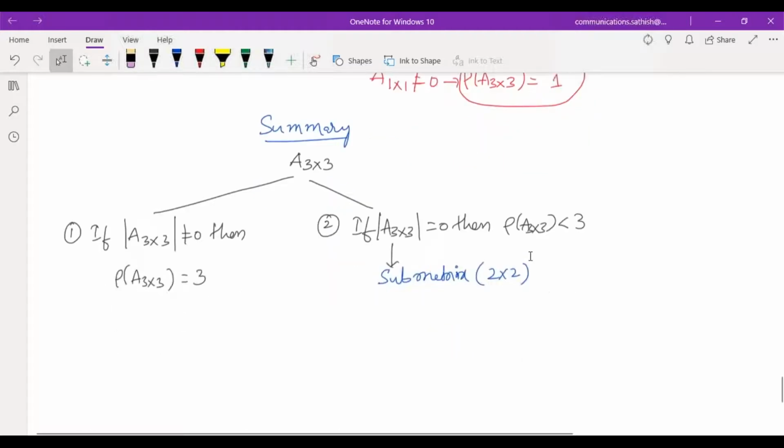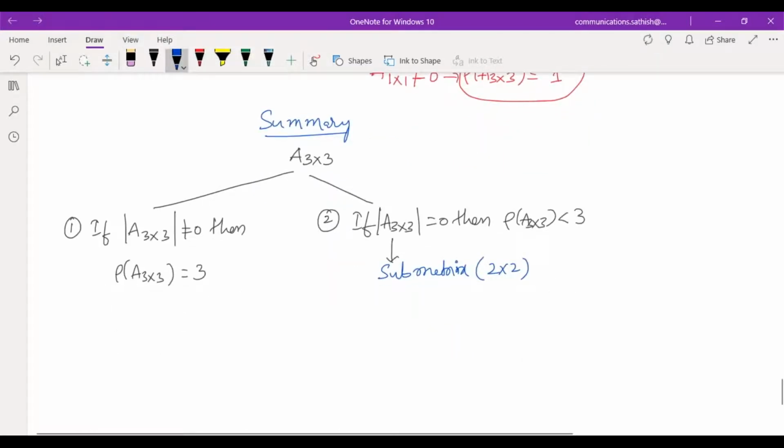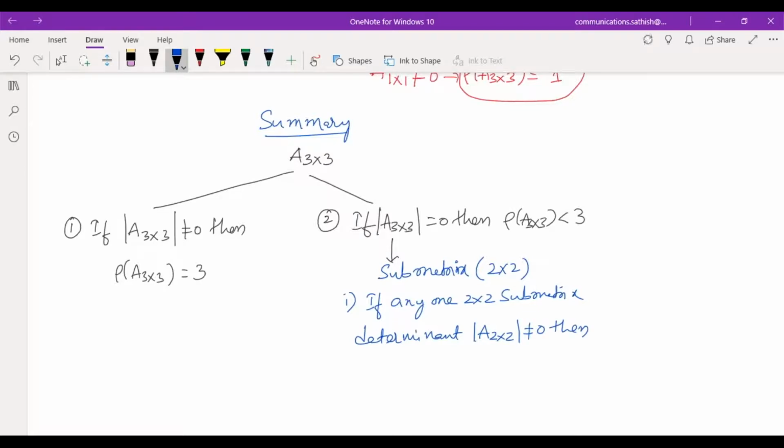If any one 2 by 2 submatrix determinant is not equal to 0, then the rank of the third order matrix is nothing but 2. Yes or no? Yes, sir.